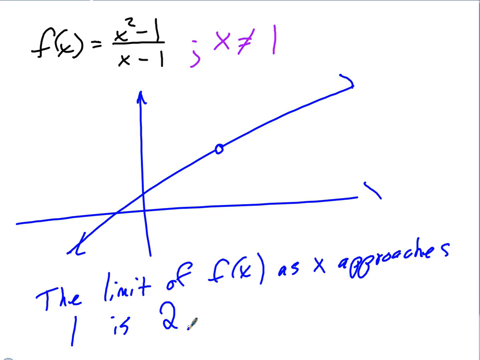When you're dealing with limits in mathematics, a limit is a process of approaching something but never getting there. So does the function exist at 1? No, it does not. Does the function's limit exist? Yeah, it does. We clearly approach a definite value, right? Does that make sense?